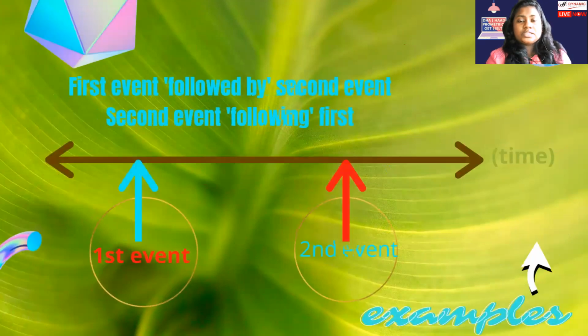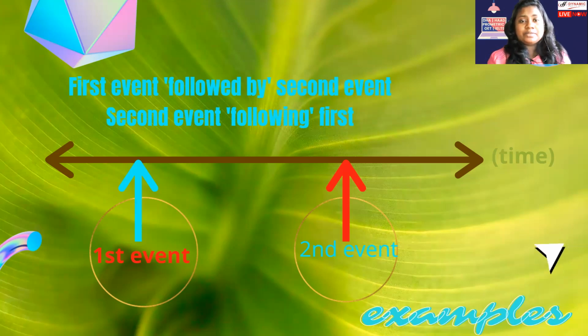So I have shown here a time axis, where the first event and second event are there. From the words themselves, the first event means the event that is going to happen first or has already happened. The second event means it happened after that or is going to happen after that. So you can remember it as a rhyme: one followed by two.